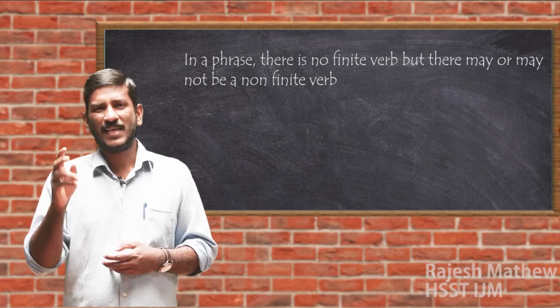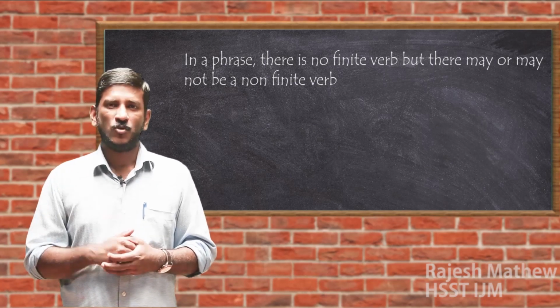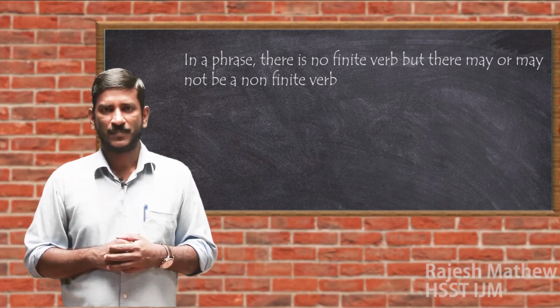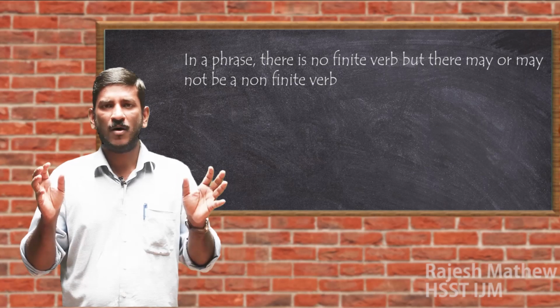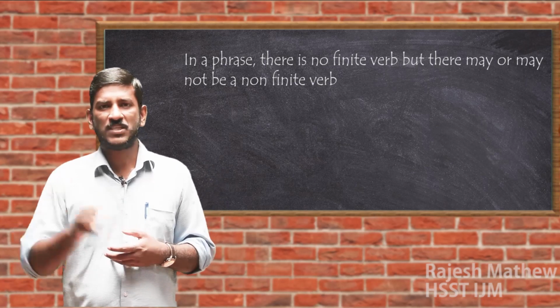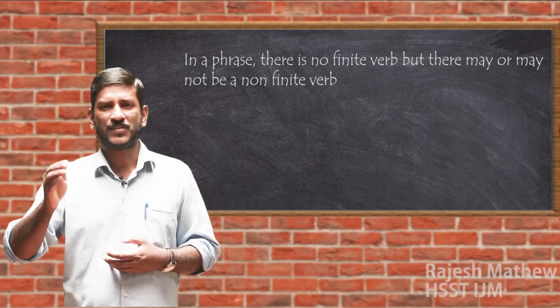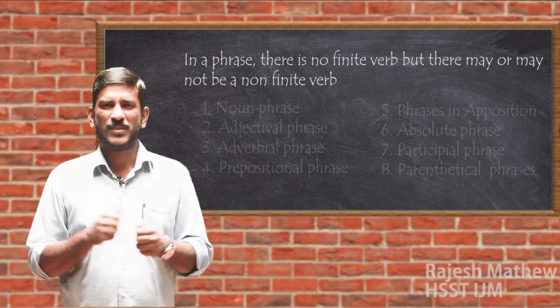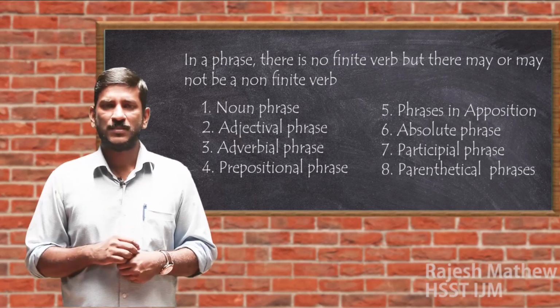There are 8 types of phrases. You don't have to bother about all these 8 types. Our focus is on the adjectival phrase, but I mentioned all 8 here. What are those 8 phrases? The first one is noun phrase.